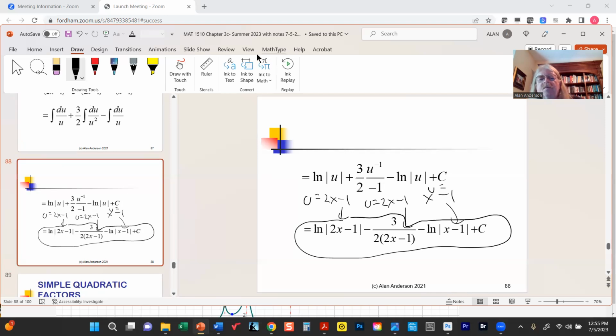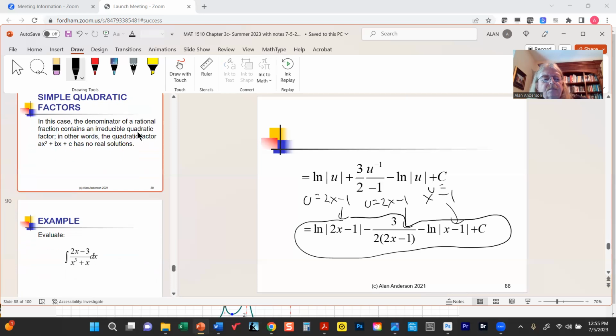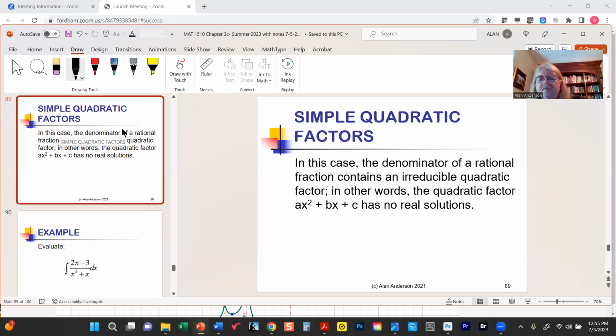Okay, now there's one more thing we need to look at. Another complication that can result from this technique. We may end up with something which is called an irreducible quadratic factor. Like, for example, imagine you have something like this. We discover that it has no real solutions.